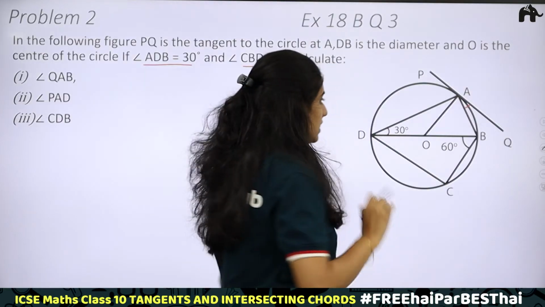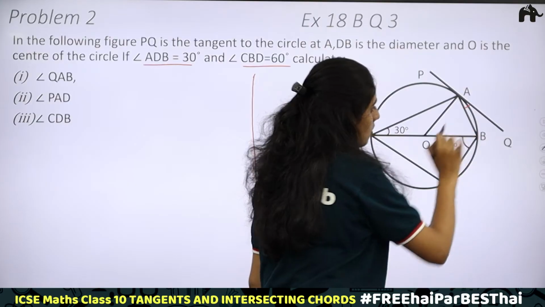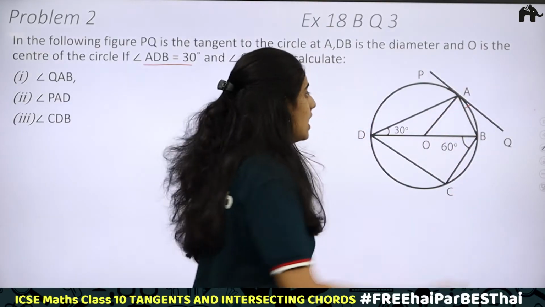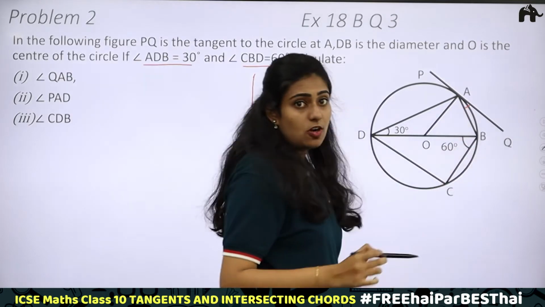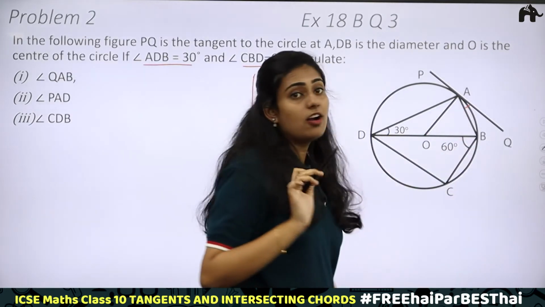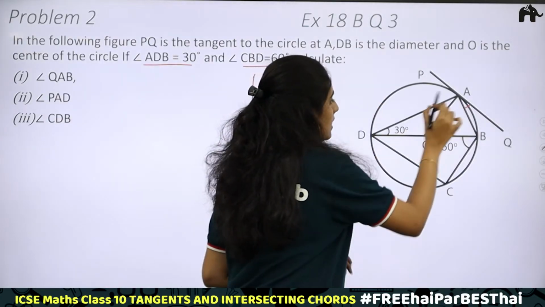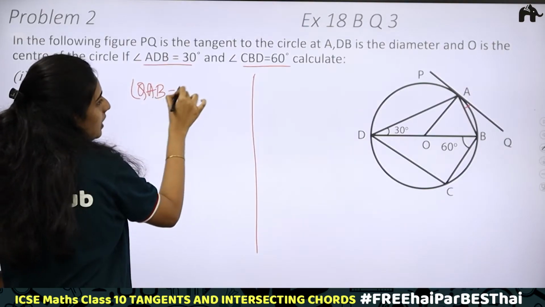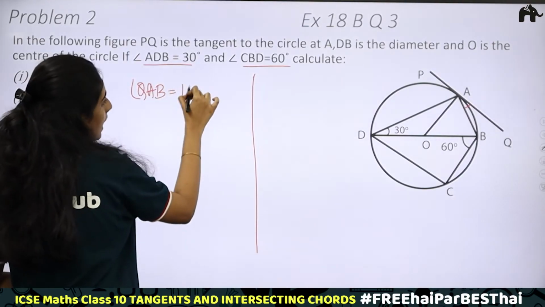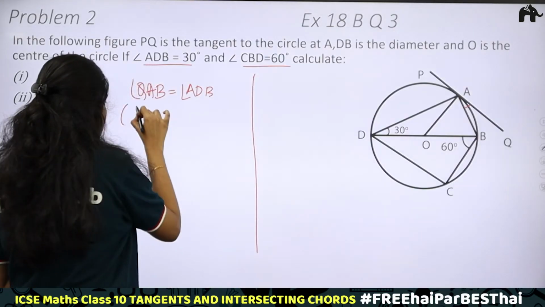So according to a theorem, we had the angle between tangent and the chord at the point of contact will be equal to the angle subtended by the same chord in the alternate segment. Okay, angles in the alternate segment. Therefore, the angle QAB will be equal to angle ADB. Okay, what is the reason?